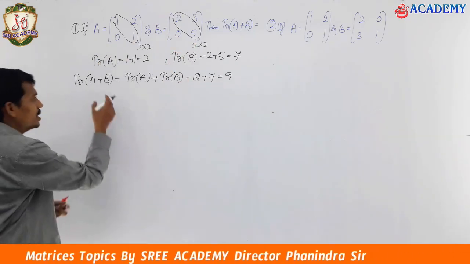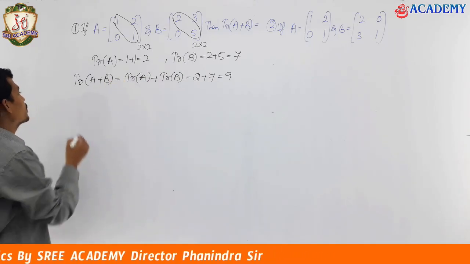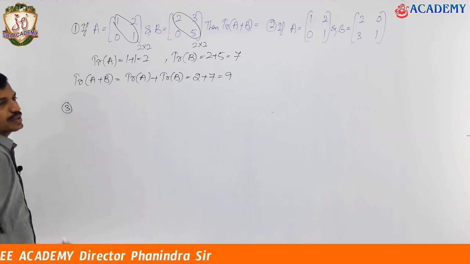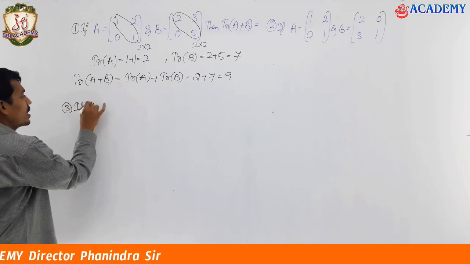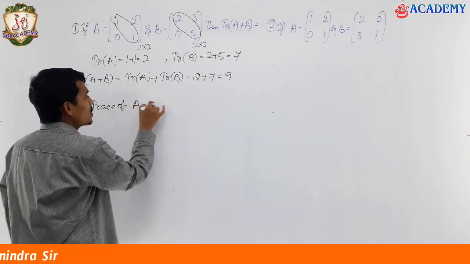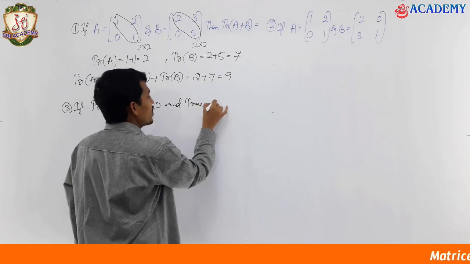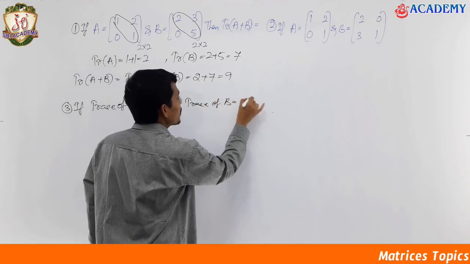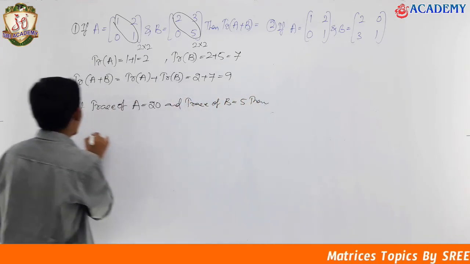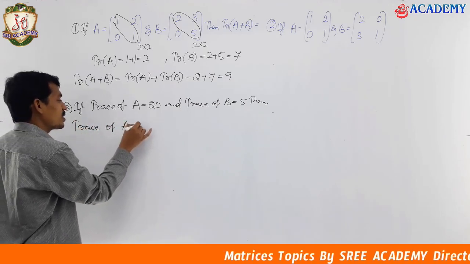Sometimes they give the traces of the matrices and then ask for a trace. For suppose, one more question: if trace of A equals 20 and trace of B is 5, then trace of A minus B is what?